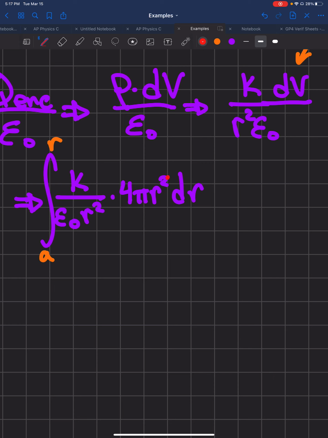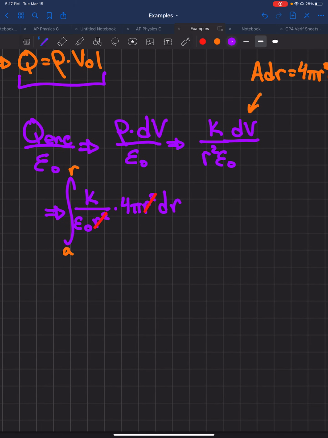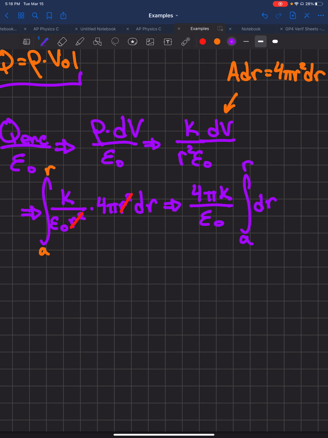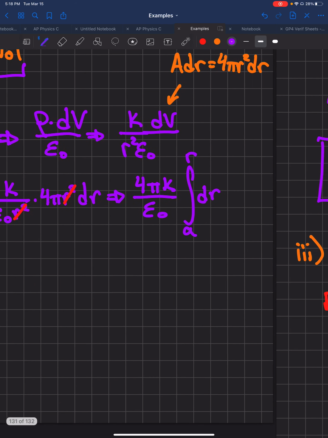All right, notice that this r squared and this r squared cancel. So our integral just becomes, and we can take our constants out, 4 pi k over epsilon naught. Those are all constants. And then we have the integral from a to r of dr. Well, that's an easy integral.